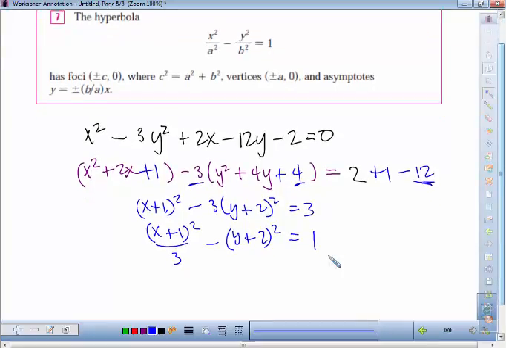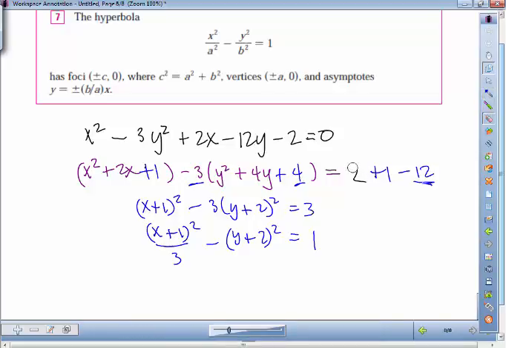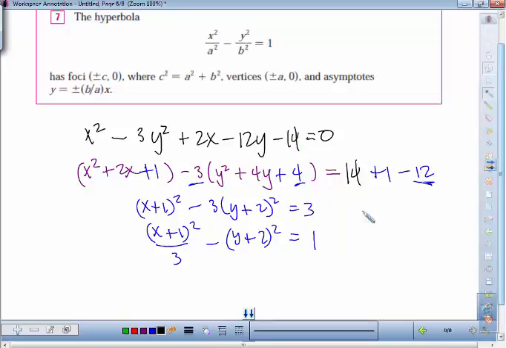Say again? So what should it be? This should be 14? Man, you guys taking notes in pen? Now is it equal to 3? I had at least 2 people say yes on the other one, so.